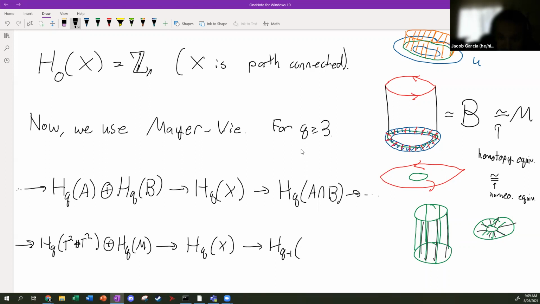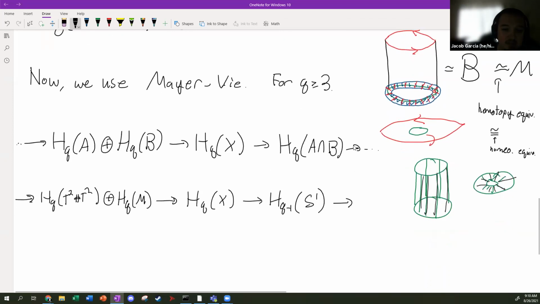And then this goes into the q-1 homology of the circle, because that's what we determined A intersect B is up to homotopy equivalence. But for q greater than or equal to 3, this homology group is 0, this one is 0, and this one is 0. So here I have the sum of 2 homology groups, and the only way that I can have an exact sequence with 0, something, 0 is if this thing here is 0.